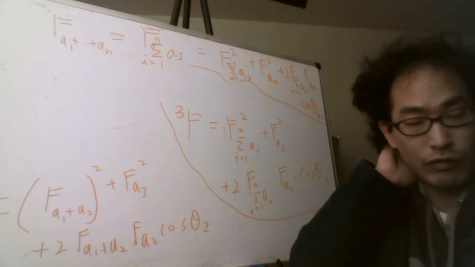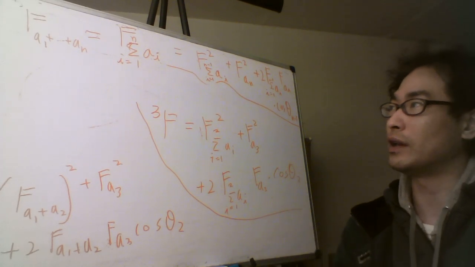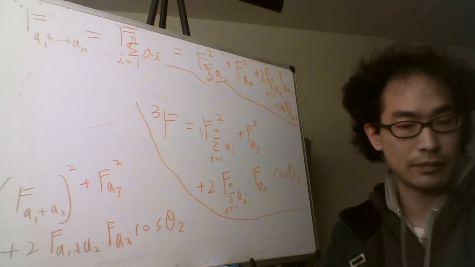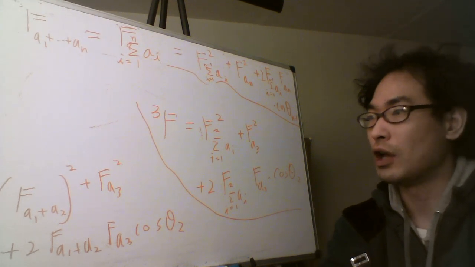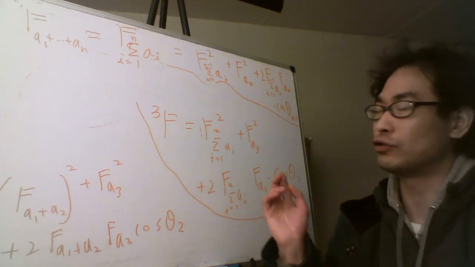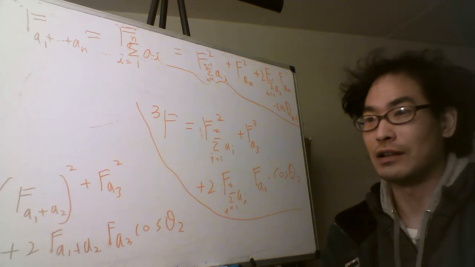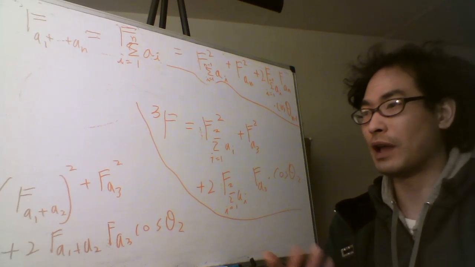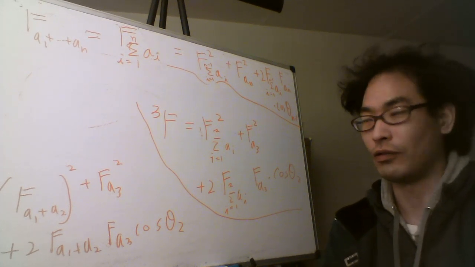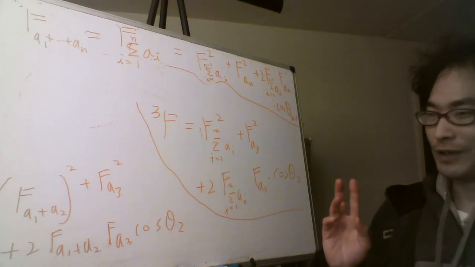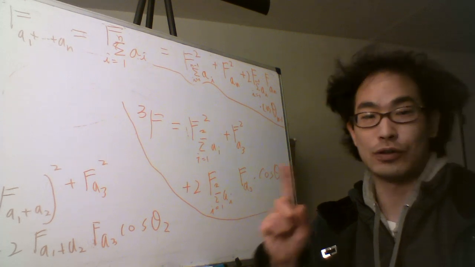When we have a generic formula like this, first you prove that the formula is correct when n is equal to 1.